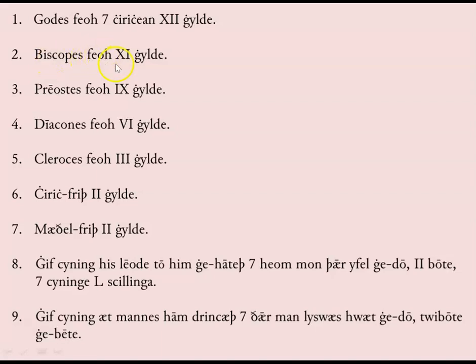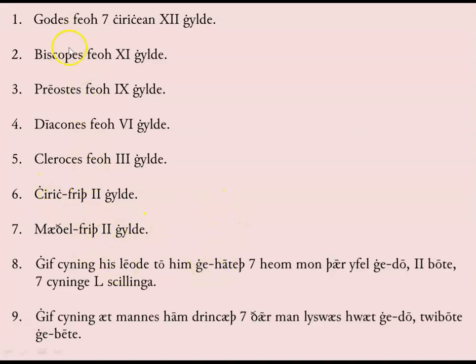Of the bishop's wealth, 11 times restitution or compensation must be paid. Parataxis Ferch Nichon Yulde. So for a priest's property, 9-fold restitution or compensation is required. And so on, the list goes down here. And we'll have a look at each of these shortly.